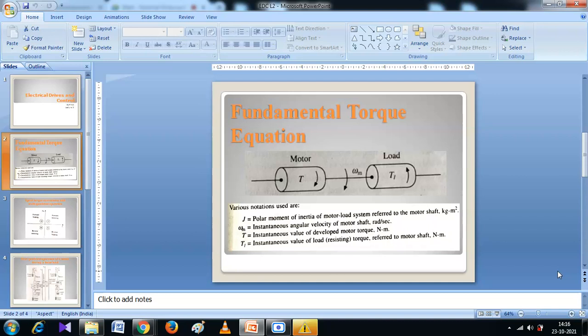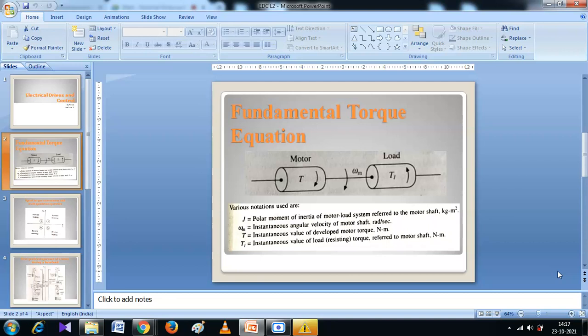Suppose we have a motor load system. The total moment of inertia of that system is J, and the motor and load system is rotating with angular velocity omega m. T is the instantaneous value of developed torque by the motor, and TL is the instantaneous value of load torque.